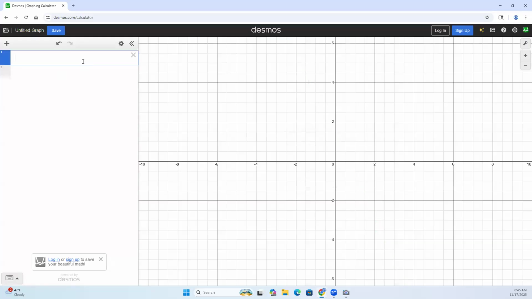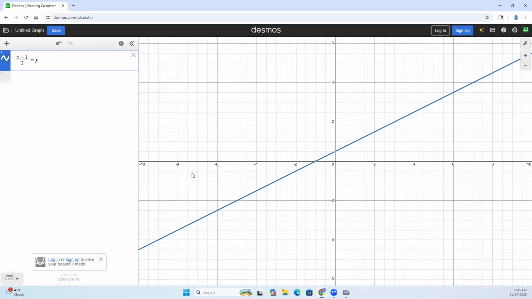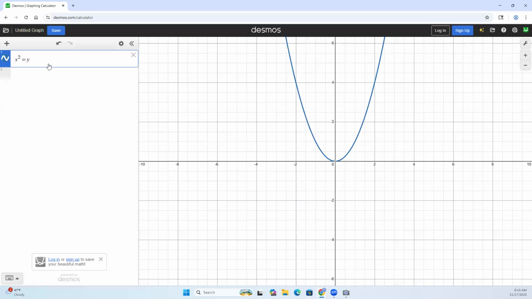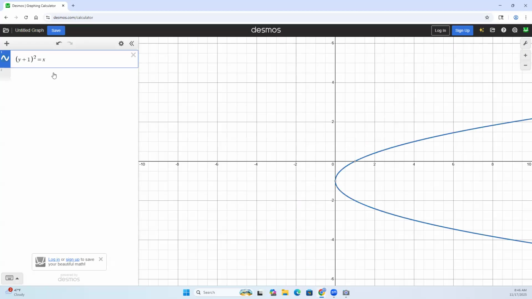And then I did x plus 1 over 2 equals y. That's a straight line. But when I switched it and I did 2 over x plus 1 equals y, definitely not a straight line. And if I did x squared equals y, also not a straight line. And y plus 1 quantity squared equals x, also not a straight line.